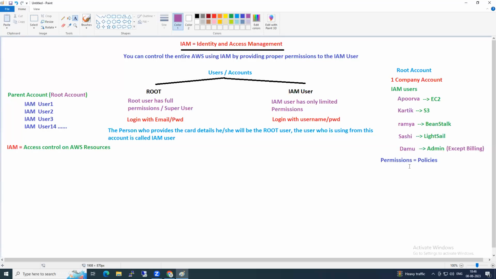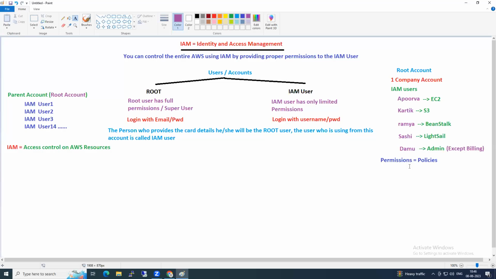Okay, now in a company, I told you there will be one root account. If it is a small company, that is okay. If you have a big company with separate departments, will one account be sufficient? No, right?